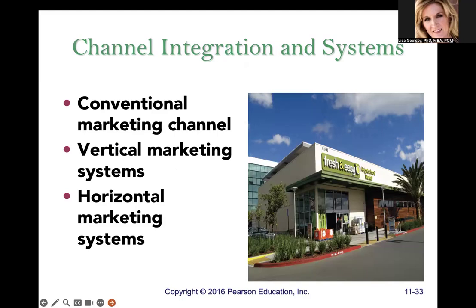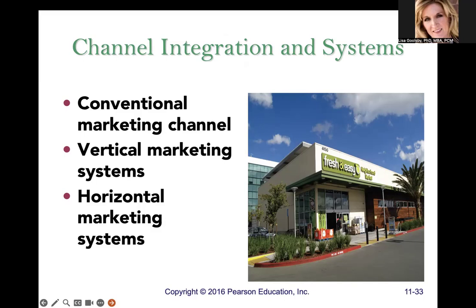Okay, so things get a little complicated here when we look at channel integration and the different systems. So you can have a conventional marketing channel, a vertical marketing system, or a horizontal marketing system. If you looked at a conventional marketing channel, you would have different channel partners looking to maximize their own profits.